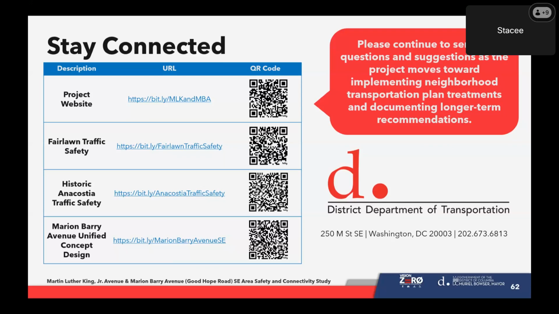So if by post you mean very rigid bollards, no. If by post you mean the flex post, yes. I was just out there on Monday for a community walk, and there are some plastic flex posts in that no parking area in front of Capital One Cafe to reinforce the space for turning, so that people coming off MLK and the 11th Street Bridge to make that turn onto Marion Barry have the safe space to do so, and that nobody's blocking the visibility or the space to do so.